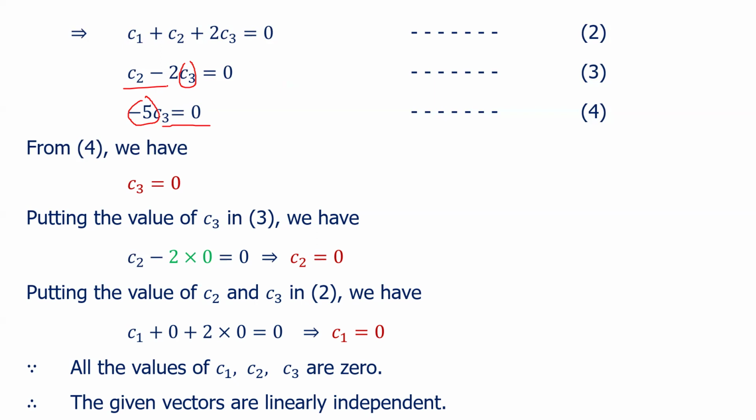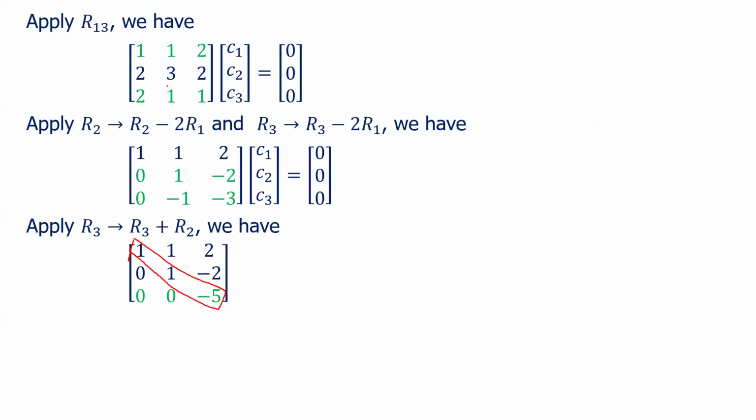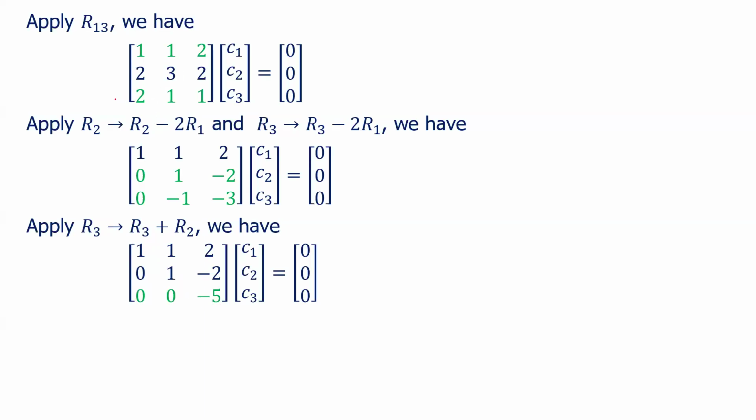Now, this can also be checked in another way. If we see the rank of this matrix, the rank is 3, which is equal to the number of unknown variables.